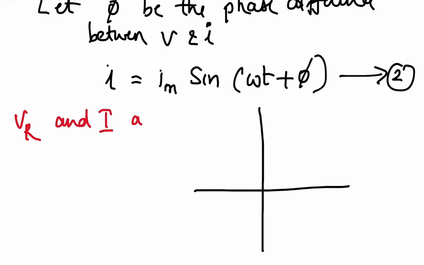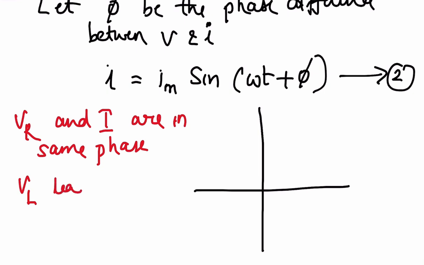In the case of an inductor, the voltage across the inductor leads the current by 90 degrees, that is by pi by 2. Then in the case of a capacitor, the voltage across the capacitor lags behind the current by pi by 2.